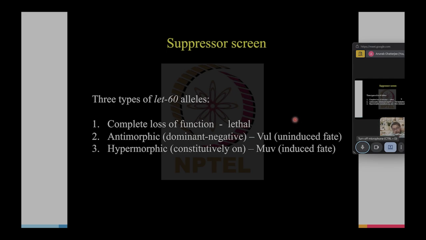So in the suppressor screen, let60's new alleles come to light, and you are able to figure out its function in vulva development, which you can only do because it is a partial mutation on top of a different background mutation. Normally you would not have been able to.